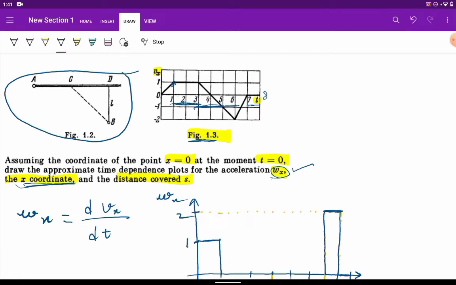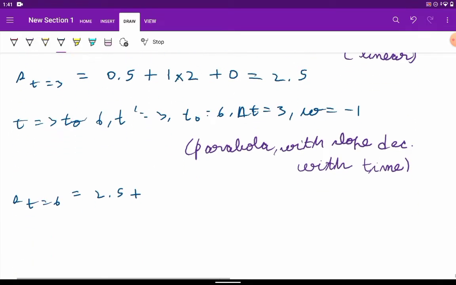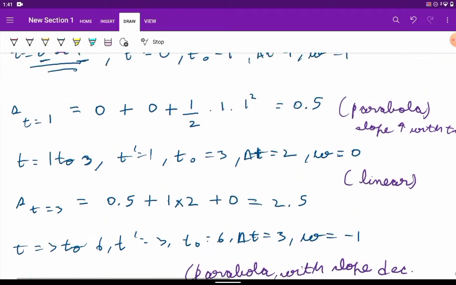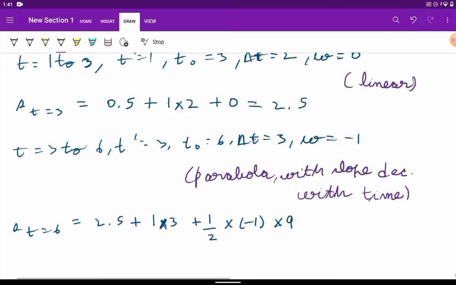The velocity at t equal to 3 is 1, right? 1 into delta t is 3, 1 into 3, right, plus half into w, which is minus 1, delta t square, which is basically 3 square, 9, right?